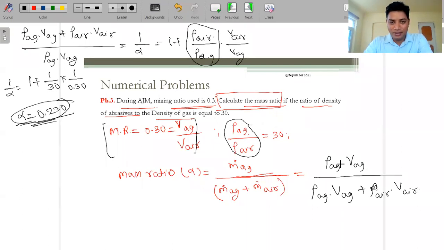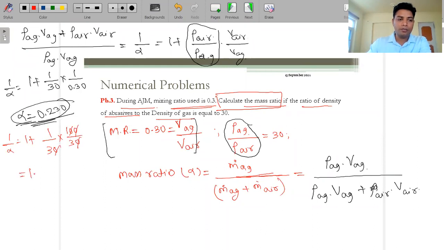So 0.90. Right. Guys, if you see from here, this is 1 by alpha and this is 1 plus 1 by 30. It is a simple calculation. I'm just removing the point sign, and after the point there are two values, so this will become 100 by 30, right? So this will cancel out and this will cancel out.